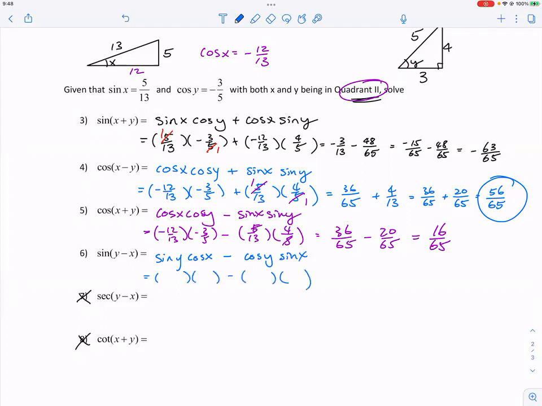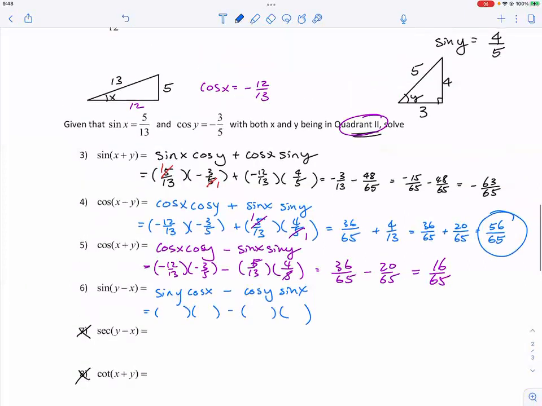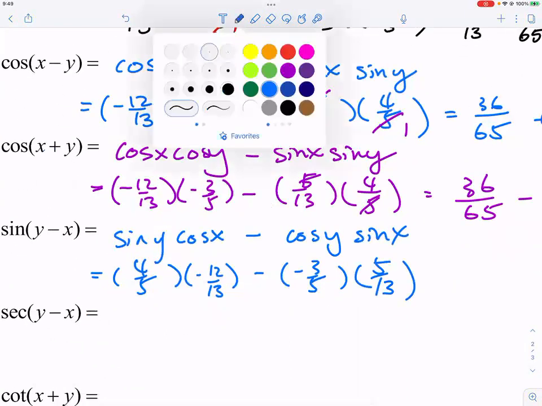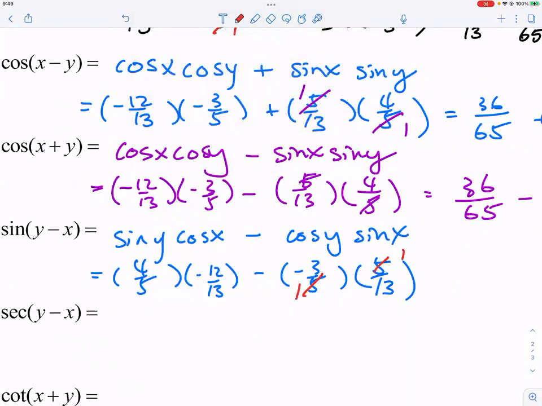Sine y is 4/5. Cosine x is negative 12 over 13. Cosine y is negative 3/5, and sine x would be 5 over 13.